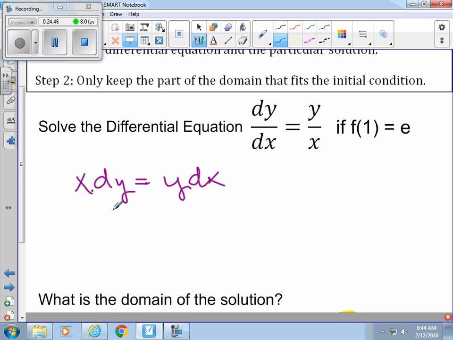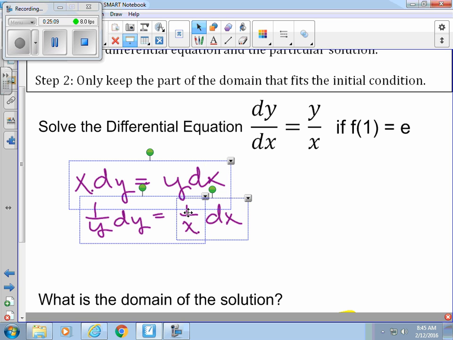And you can skip this step, it's completely unnecessary. Most of you can do that instead. But what do I need to do to make this correct? Good. I need 1 over y dy equals 1 over x dx.